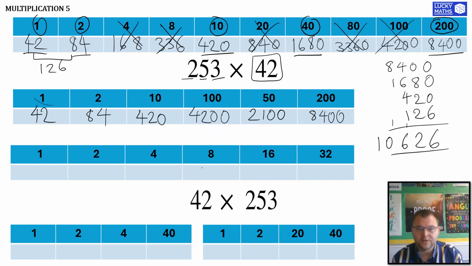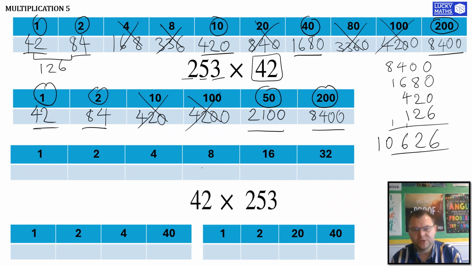So that is 50 lots of 42 right there. And so when you're trying to put together 253 lots, it just maybe helps you not have to do as much work ultimately. I've only got 6 numbers in the table. Okay, started with 10 on example 1. So it's reducing the workload slightly maybe.